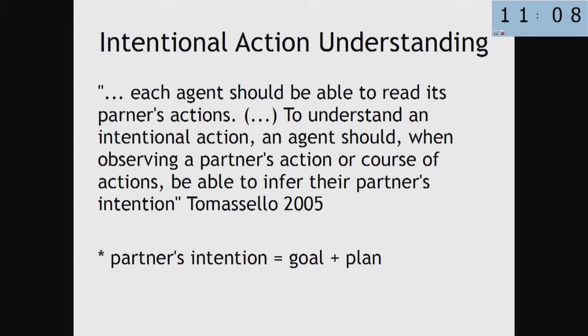It is also linked to well-known processes in psychology, which are goal to action prediction. For example, if I tell you that I will give the bottle to Professor De Backer, you will infer that I will do that, so you will infer the action. There is also action to goal prediction. If you see me doing that, you will infer that my goal is to get back my bottle.